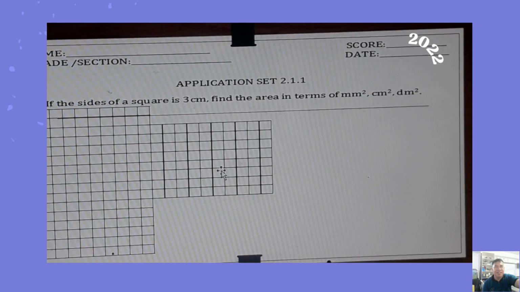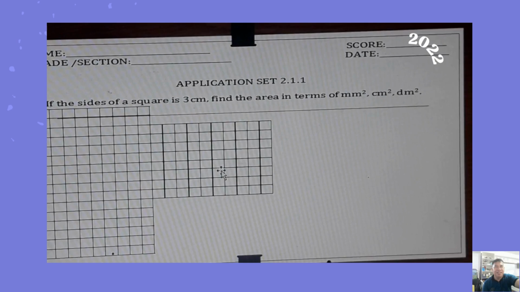You might be surprised why there is a graphing area or graphing calibrations provided there. Aside from considering the metric converter, also you can use graphing paper in counting exactly how many areas you are dealing with.